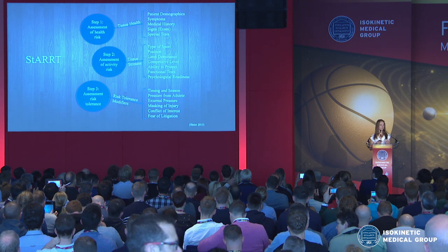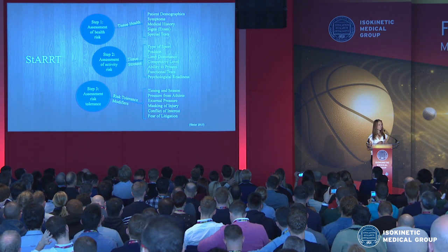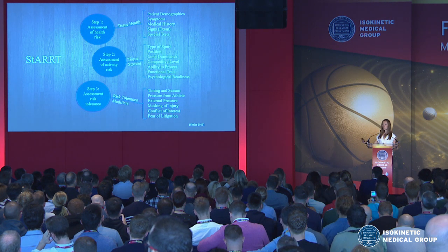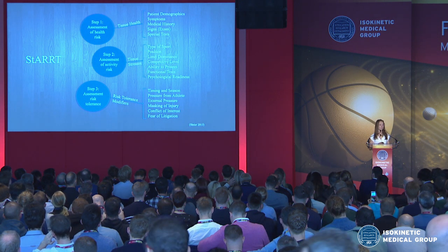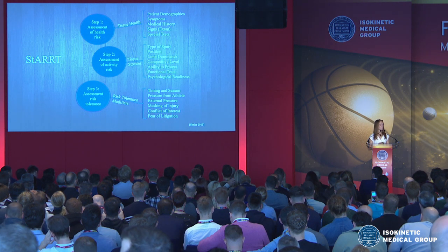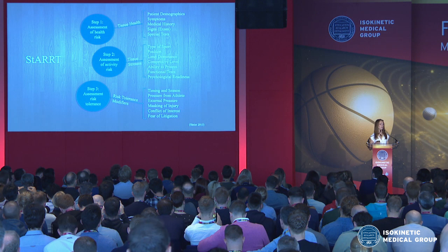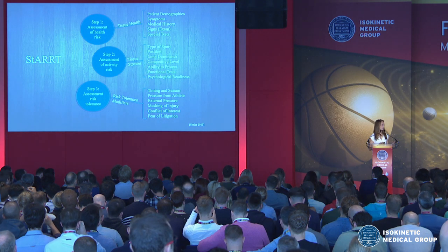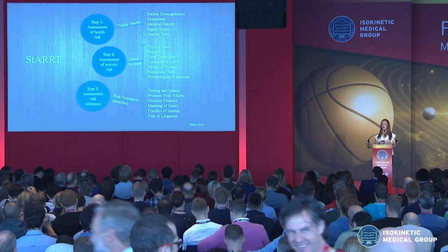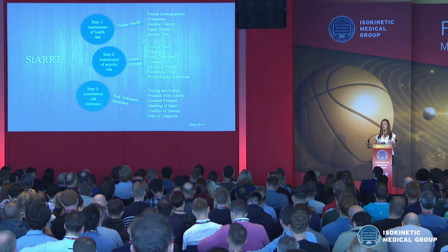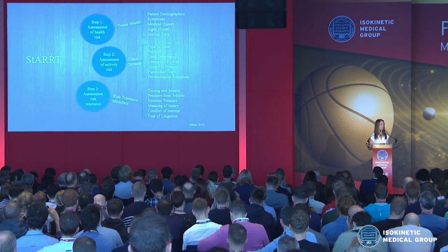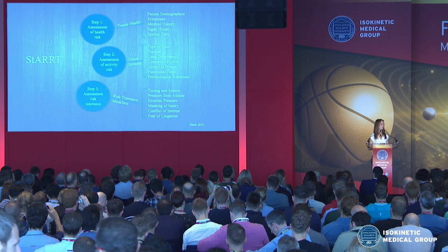The requirements of the game, whether that's being able to bring the ball down the court versus set a screen, their demographics, their injury history, the demands of what they have to do in terms of their life outside sport, the timing in the season, the pressures, all of these things are going to be different, and they're all going to play into how we progress our athlete through their rehab.